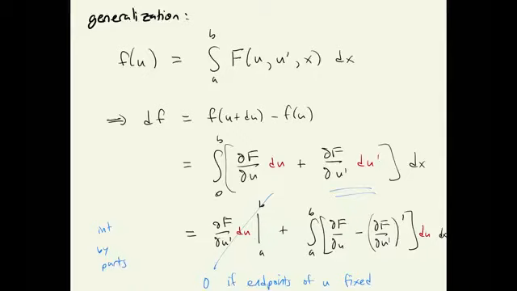And so what you get is that this term here is the gradient. This is a grad F. This is a dot product with du, and so I can write this out. So grad F is dF du minus d/dx of dF du primed.